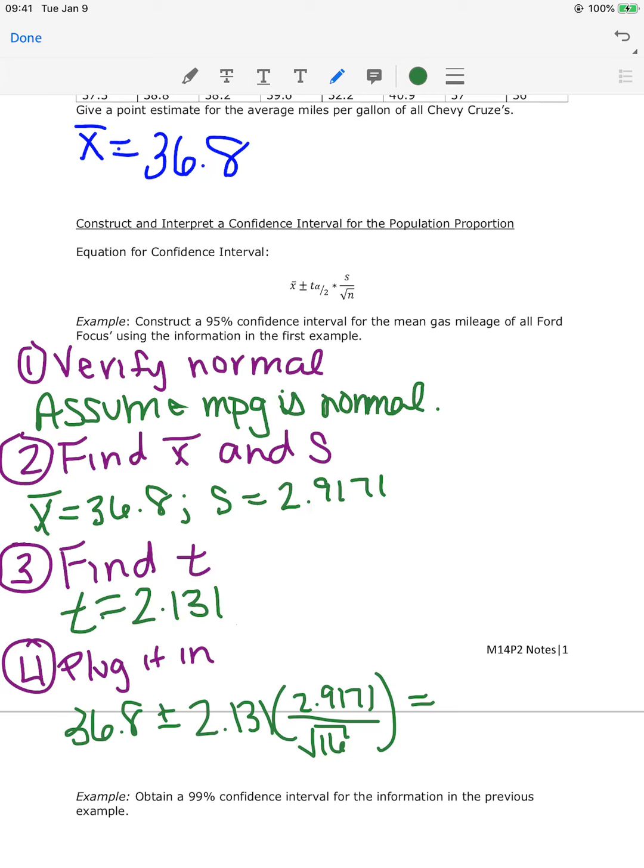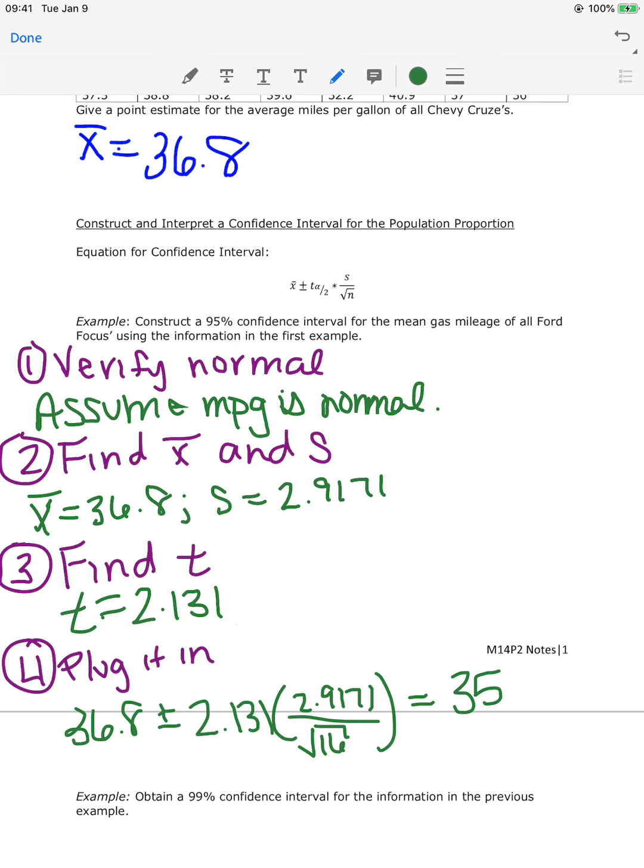I did not calculate these ahead of time, so let's go ahead and do that. 36.8 minus 2.131 times 2.9171 divided by, I know the square root of 16 is 4, so I'm just going to divide it by 4.